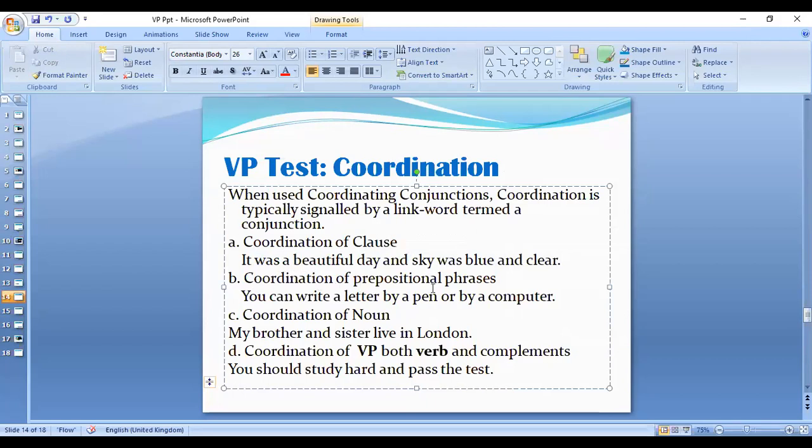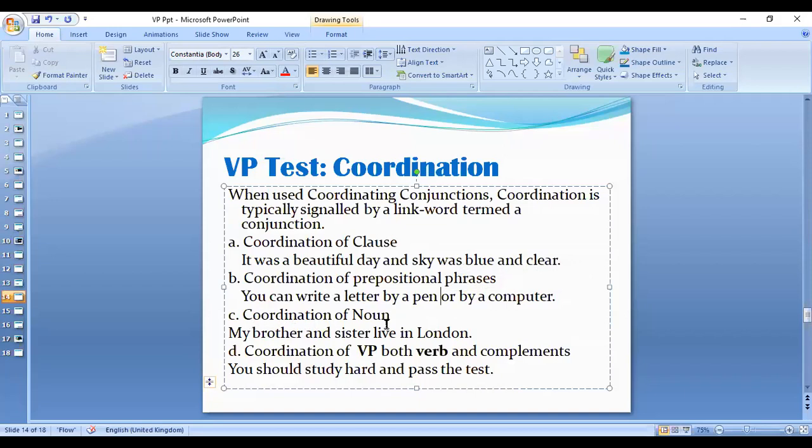Next, coordination of prepositional phrase: you can write a letter by a pen or by a computer. Using the coordinating conjunction "or" to coordinate the prepositional phrases "by a pen" and "by a computer", we can identify that "can write a letter" is a verb phrase.